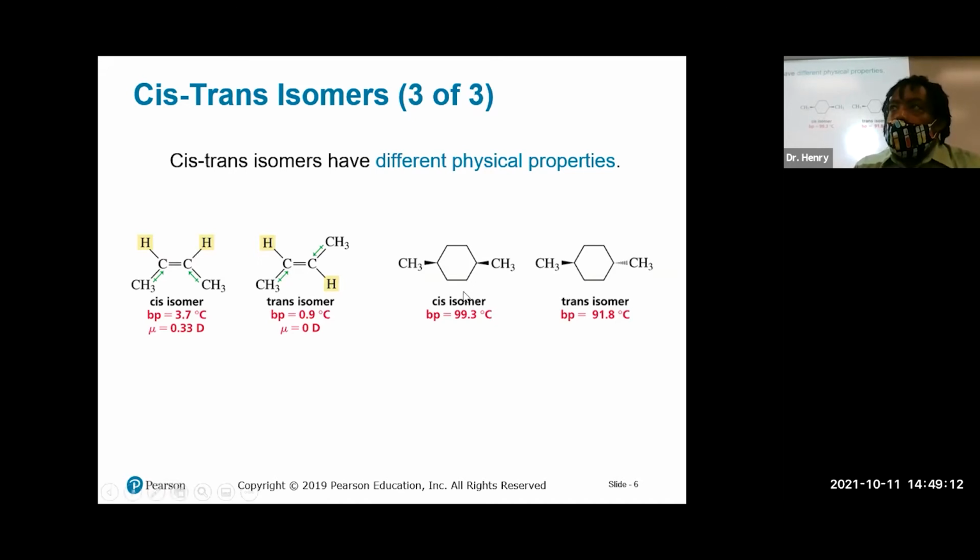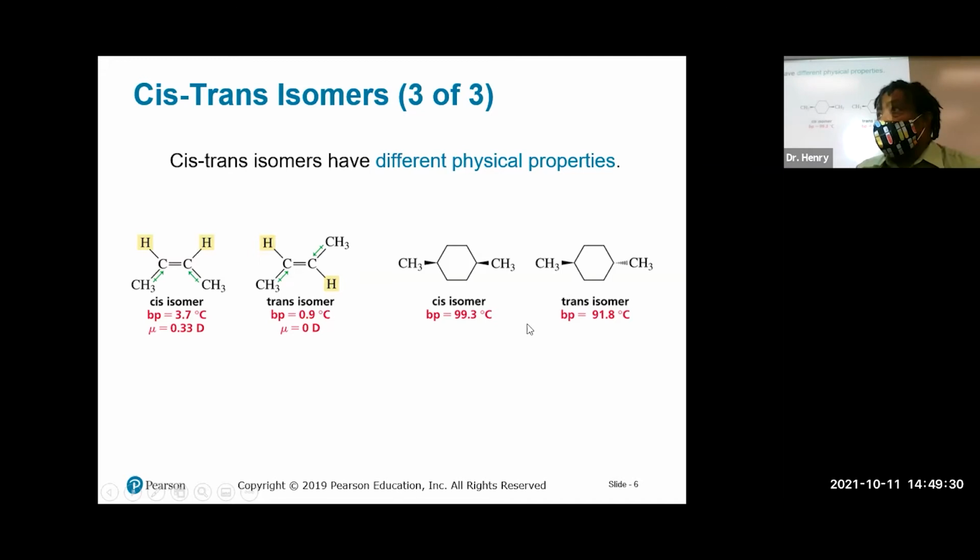So here we see the same thing in the case of this cis or trans, right? They're both on the same side, this methyl group. The cis molecule has a higher boiling point than the trans, but that seems to be the general trend.